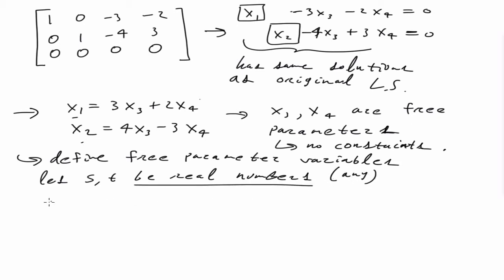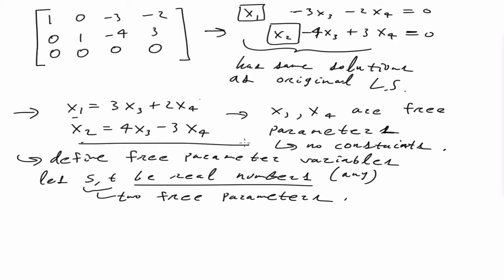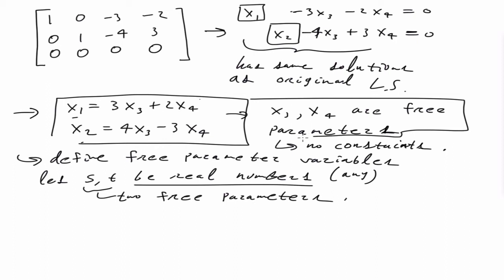They are, of course, two free parameters. And again, we could leave it like this. You could just say that these are free parameters, and that would be a very adequate solution to the problem. This actually defines what the solutions are.